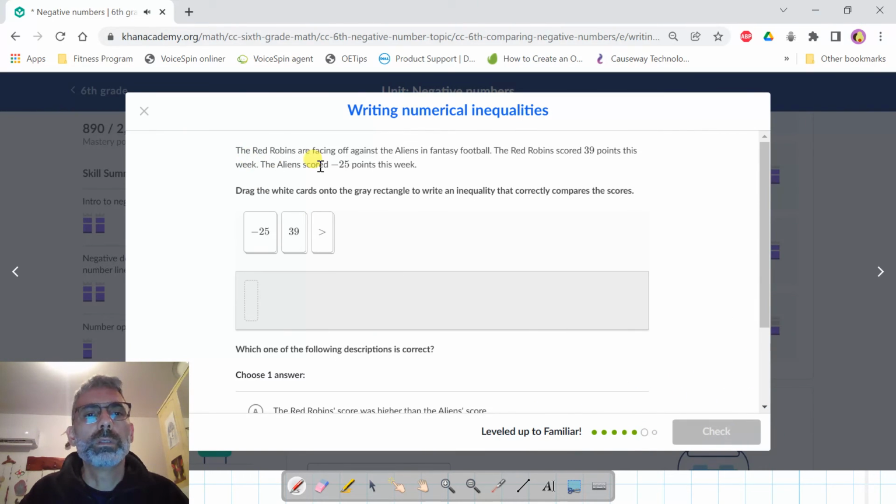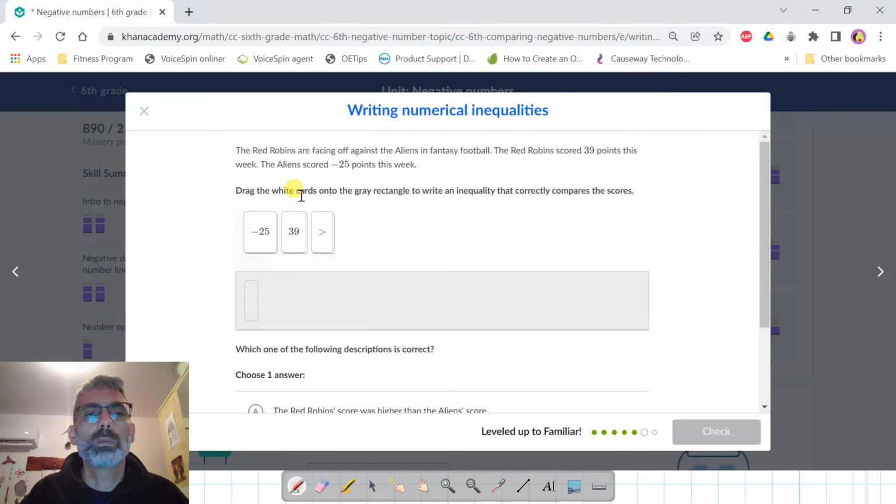The Red Robins are facing off against the Aliens in fantasy football. The Red Robins scored 39 points this week. The Aliens scored negative 25 points this week.